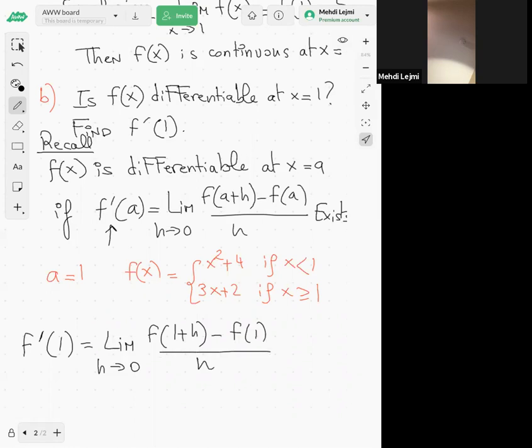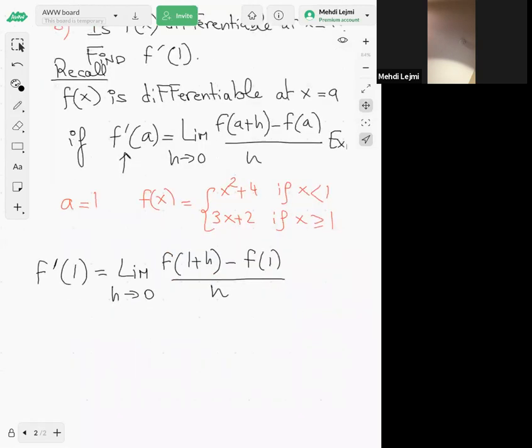Now, we know f of 1. When we checked the continuity of f of x, we said f of 1 is 5. The big question is, what's f of 1 plus h?